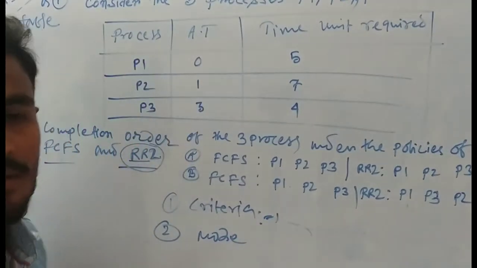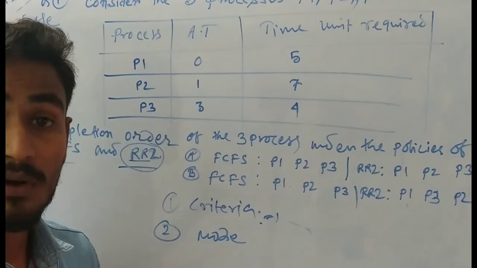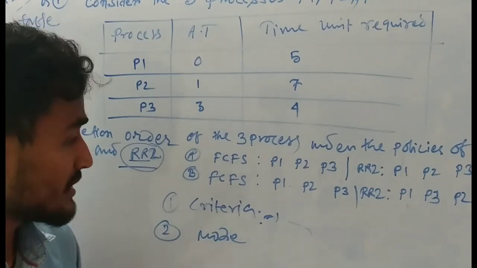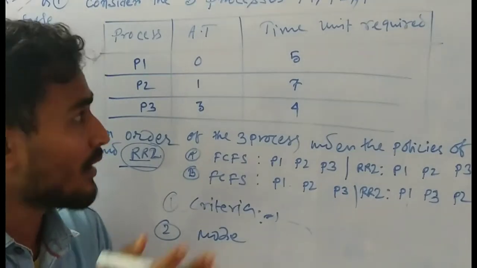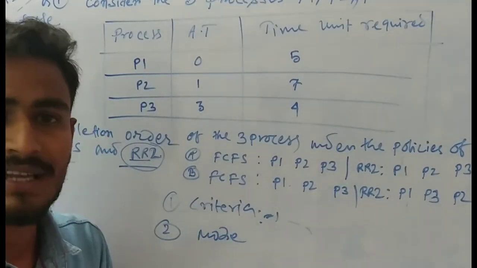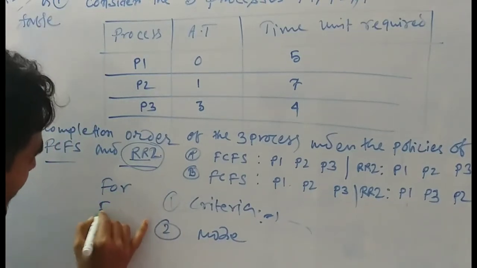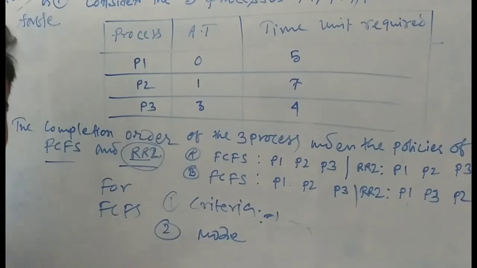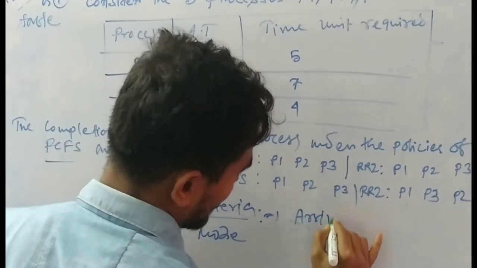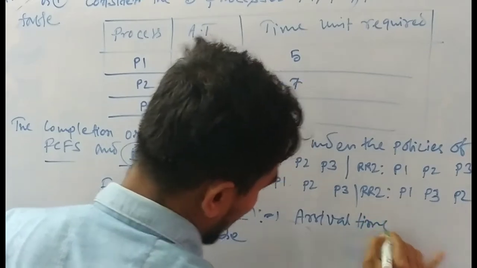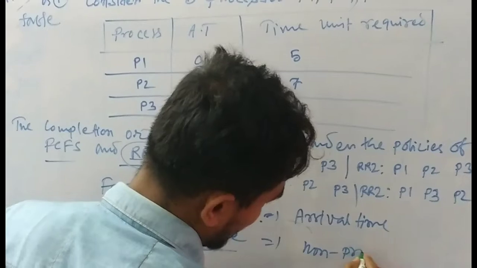Each and every scheduling algorithm has one criteria, which could be arrival time, time quantum, burst time or CPU time. In this case, for FCFS, first come first serve, the criteria is arrival time, and the mode is non-preemptive.